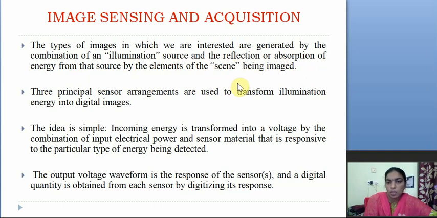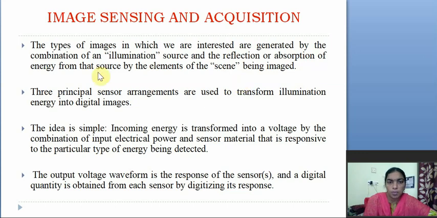Under that illumination source, based on the object, the object absorbs a particular light energy and some light signal is reflected back from that object. Based on the reflected light signal wavelength, we will see one color. Our human eye perceives some colors in the visible spectrum, right?